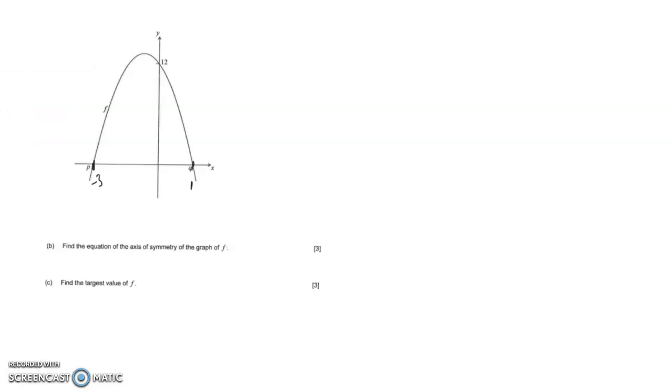Now, quadratic graphs are symmetrical about the axis of symmetry, hence its name. And therefore, this should be halfway between negative 3 and 1, which is going to be at negative 1. Of course, we turn that into an equation. It's a line going through the x-axis at negative 1, so we get the equation x equals negative 1.